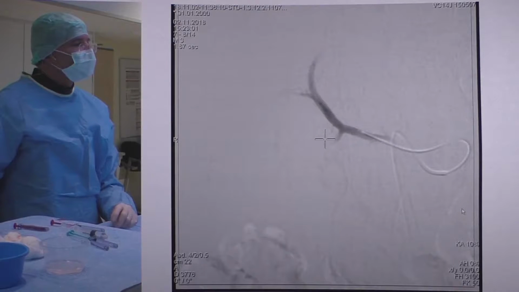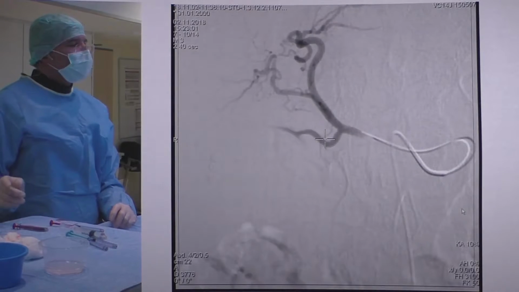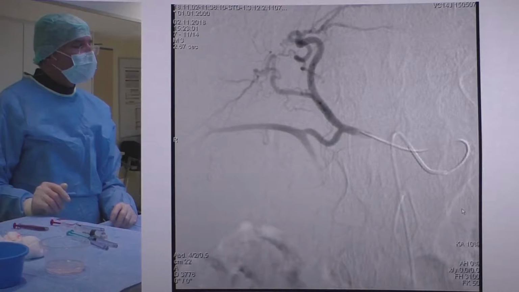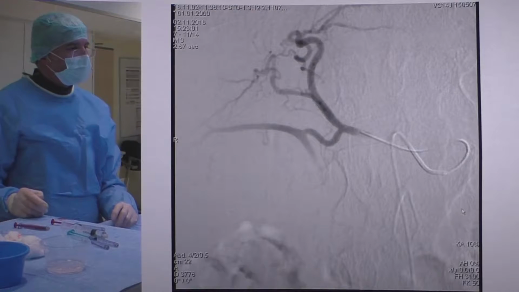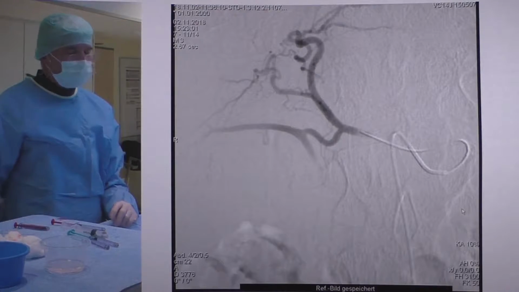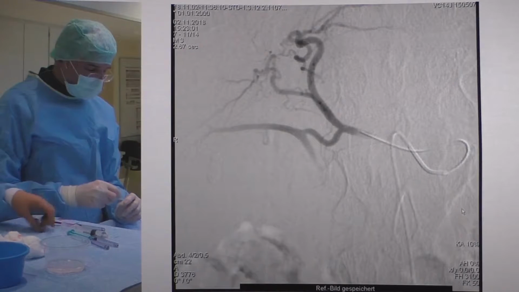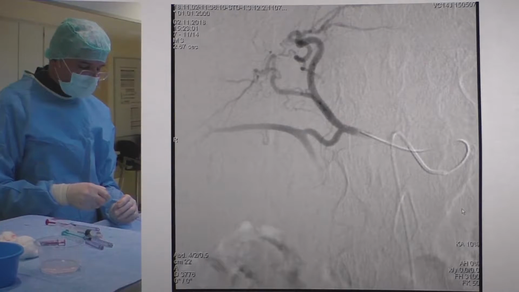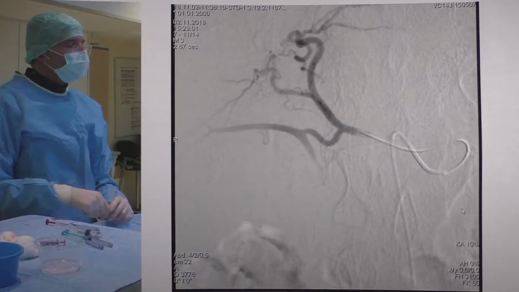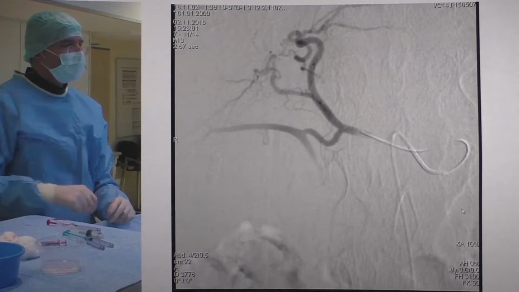This is where I have to take a turn, as it were. I've just created another series of images I can use. And I'm going to continue with the micro catheter and the micro wire.